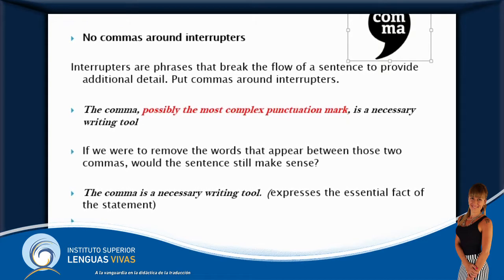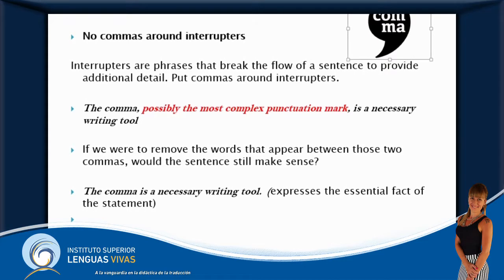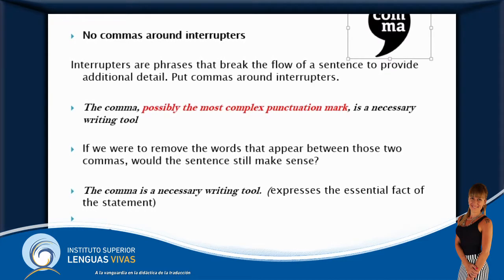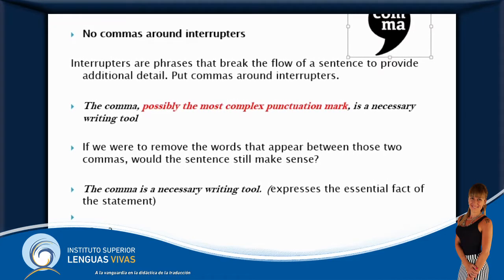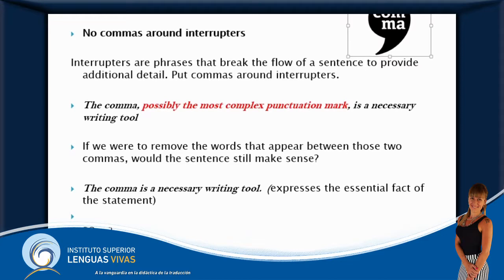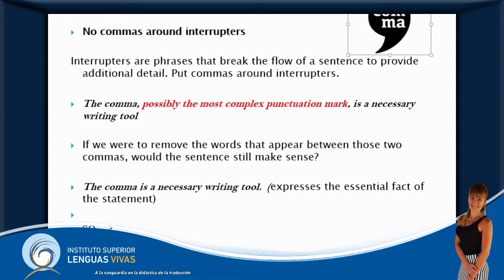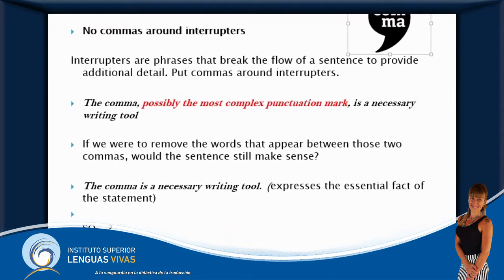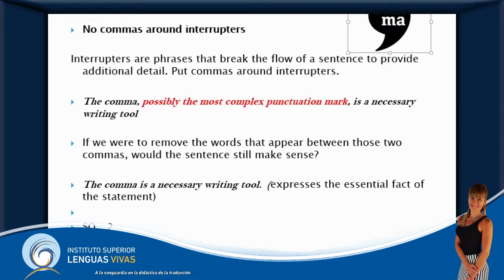Now, I have highlighted the interrupter phrase in red. And what would happen if I removed the words that appear between the two commas? Would the sentence still make sense? Yes, it will.